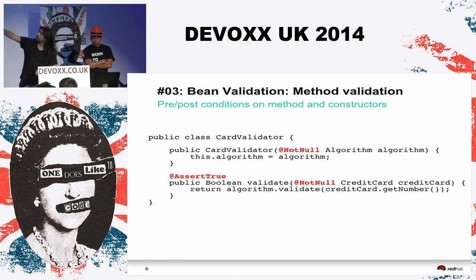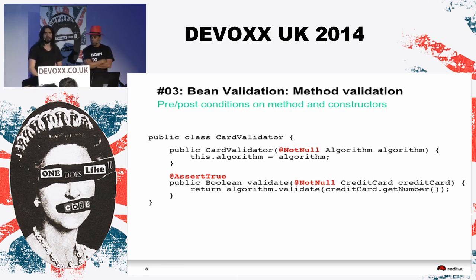So here, as you can see, in the constructor itself, the CardValidator, the algorithm mustn't be null. So we put the @NotNull within the constructor, and on the method below, we have the same thing on the method parameter, but also on the return type. So we said, when you leave this method, make sure that the return value is true.